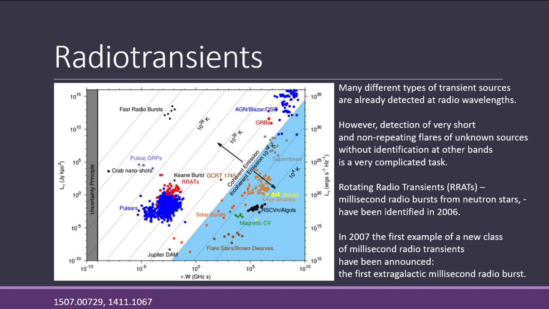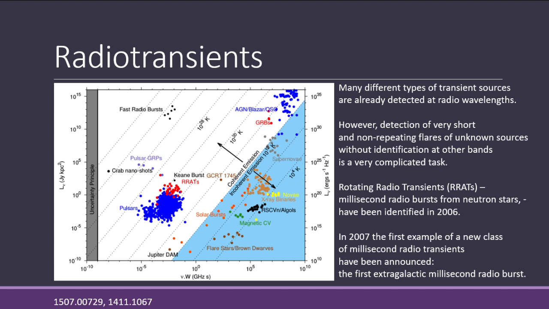So it is easy in the radio waveband to find a transient if this is a transient activity of an already known source. That's one option. Or it is easy to discover a transient if it repeats very often.